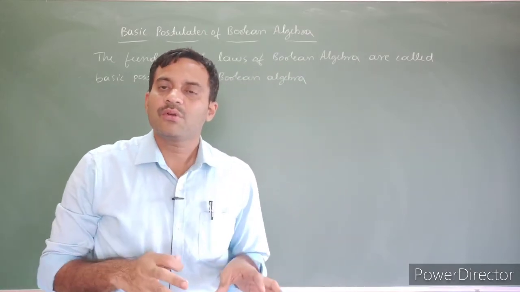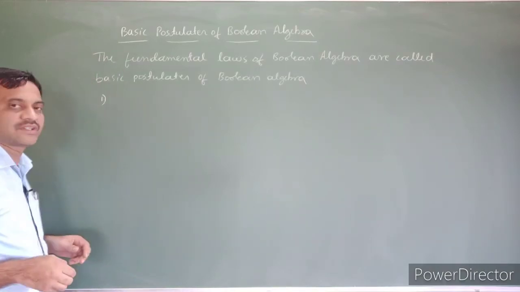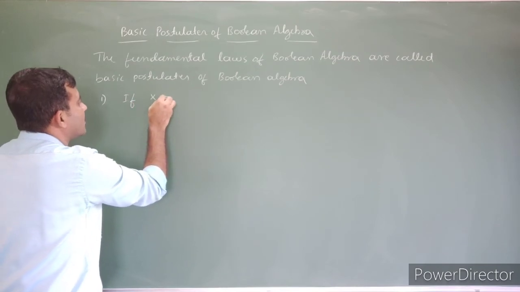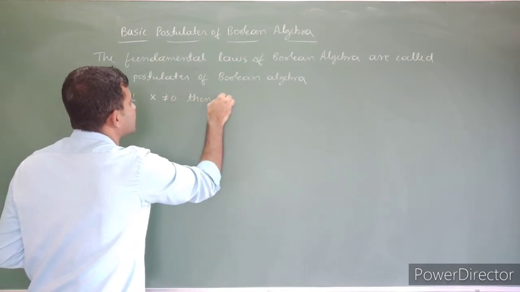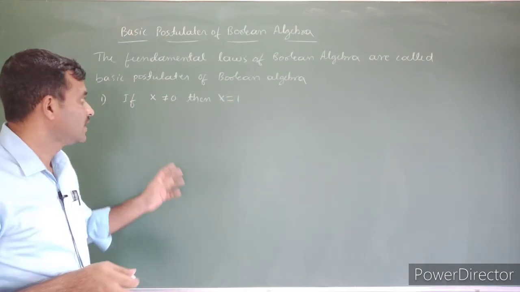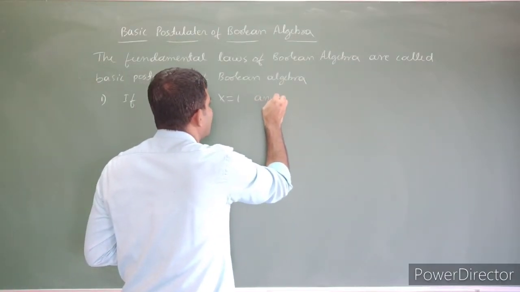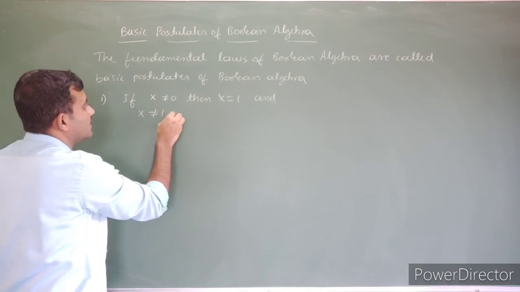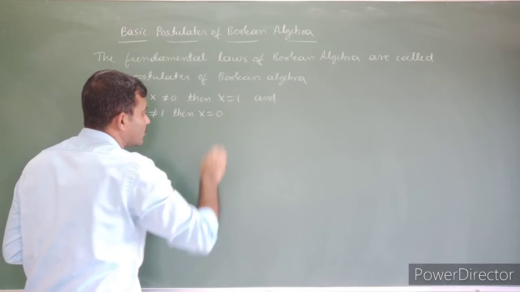There are 4 basic postulates. The first one is: if x is not equal to 0, then x equals 1, and if x is not equal to 1, then x equals 0.